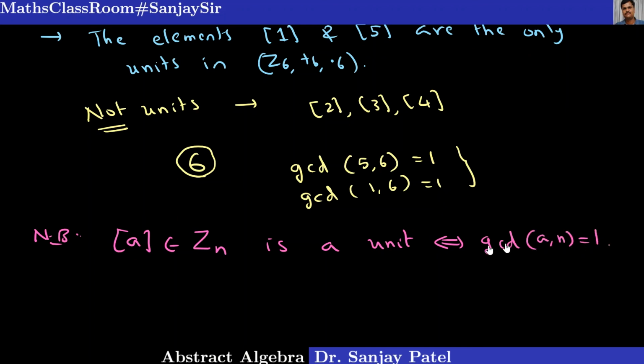GCD means the greatest common divisor of the number A and the number N is 1. And it is not a unit if and only if the GCD is not 1. So they are relatively prime, that is, A and N are relatively prime. Okay, so in any set of the type Zn, this result is true. Okay, that is my first remark.